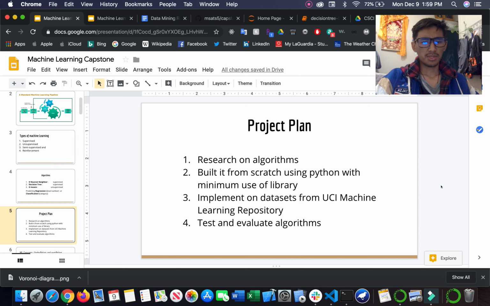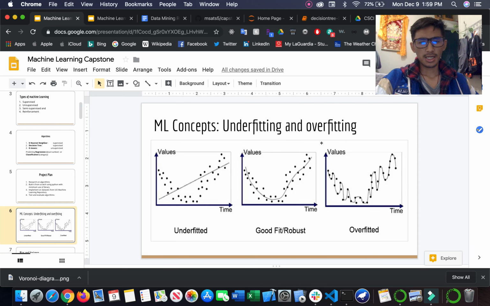When you build a model, you have to test it, so we usually test and evaluate the algorithms. The basic foundation concepts are underfitting and overfitting. Underfit is when the model doesn't create good decision boundaries, so when you predict on new unseen data, it won't predict well, and there's a high chance of misclassification.